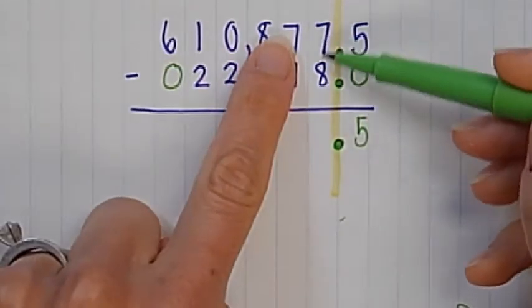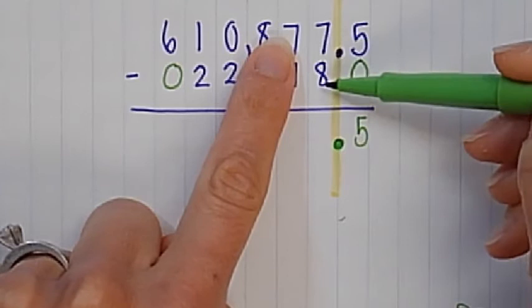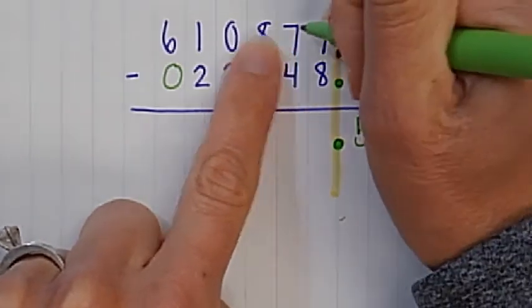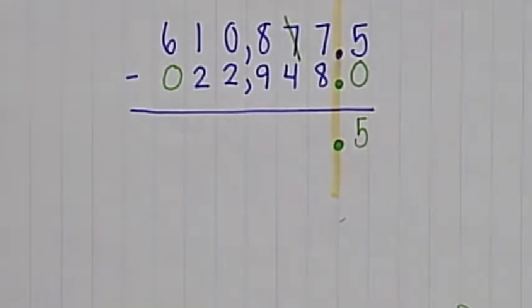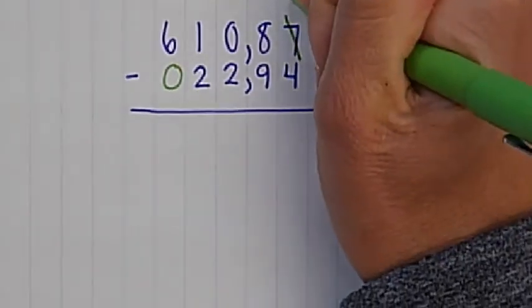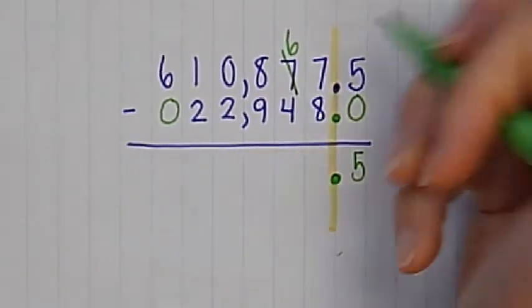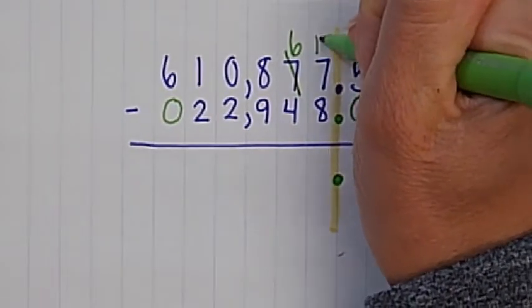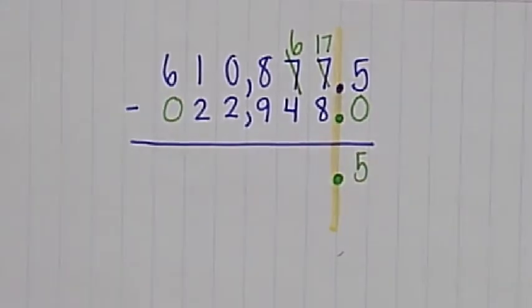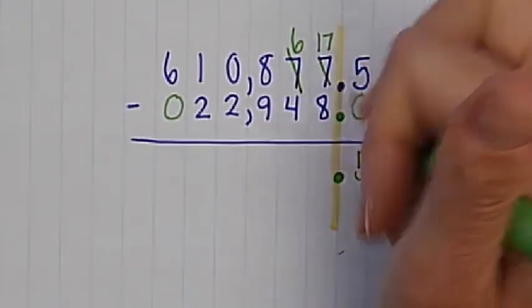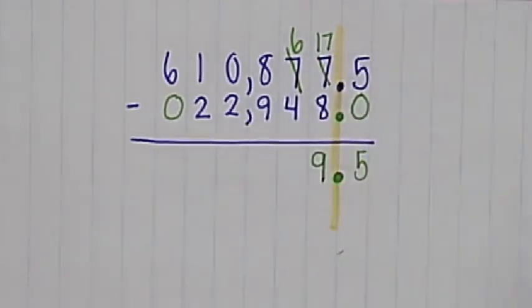I go to my ones column and I have 7 minus 8, which I cannot do because the top number is smaller. So I need to borrow from this 7. So instead of 7 tens, it's going to become 6 tens. And that 1 ten I just borrowed is going to become 10 plus 7, which is 17 ones. 17 minus 8 is 9.